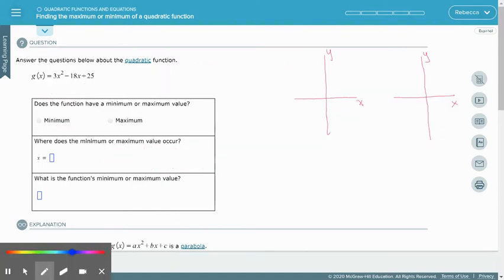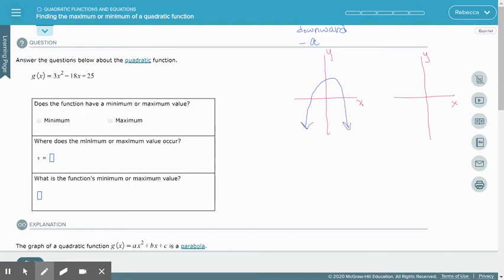So we're being asked to find the maximum or minimum of a quadratic function. So what we're being asked to do is decide, do we have a peak or do we have a valley? So again, we have two types of parabolas. We have a downward parabola, where the a value was negative, the value in front of x squared was negative, and our parabola opened upside down.